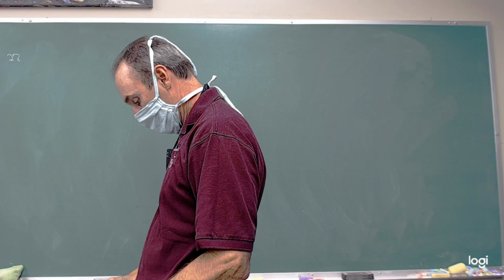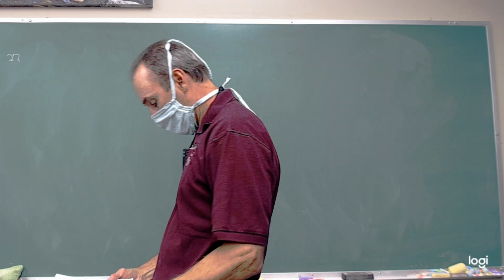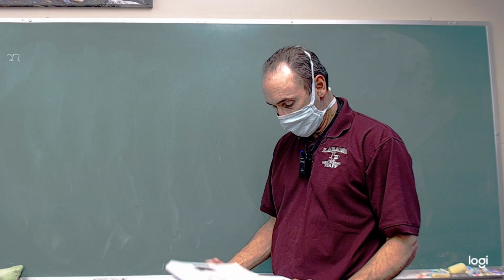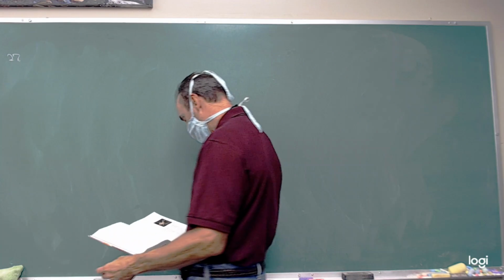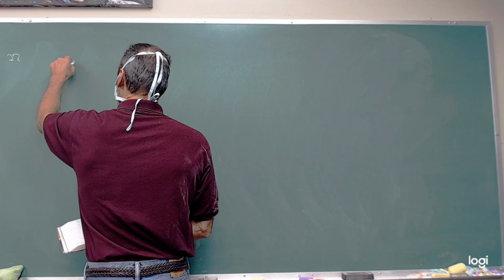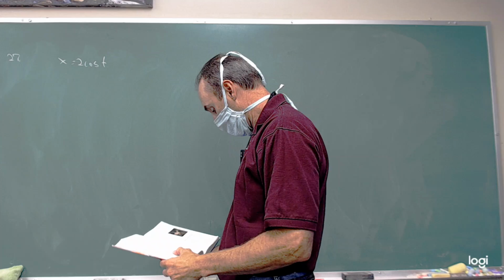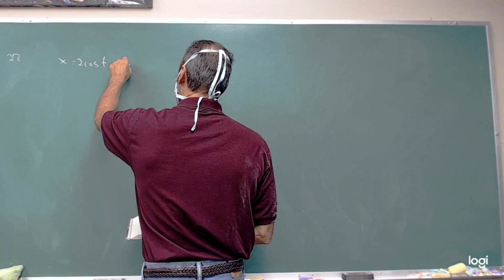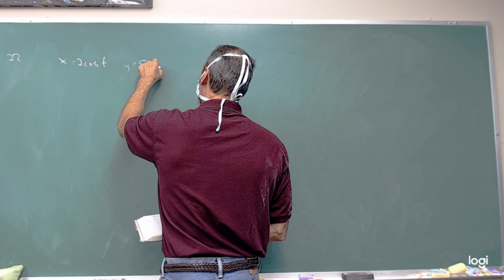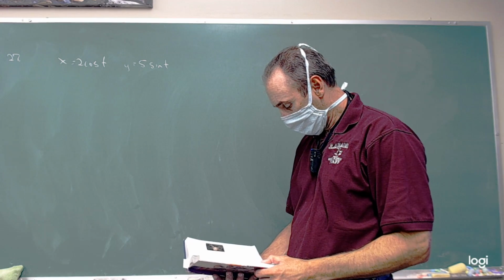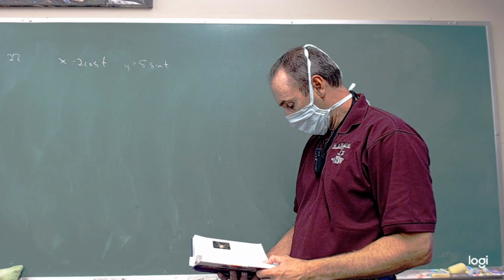So 27, before graphing, describe what you think the curve with parametric equations x equals 2 cosine t and y equals 5 sine t looks like. Unless you've done this a few times, that might be a tough question. Then graph the equations.